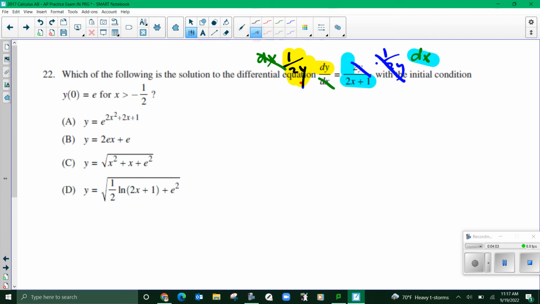So let's just go ahead and do this. 1 over 2y dy equals 1 over 2x plus 1 dx. Woo! All right, so what I'm going to do is the following. I've got to integrate both sides.